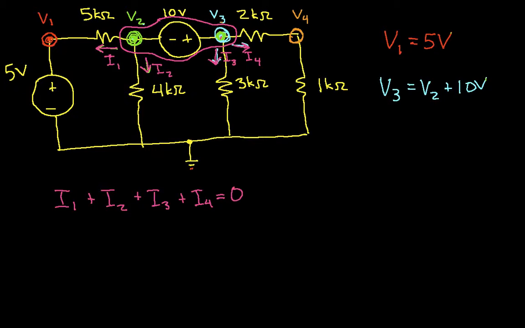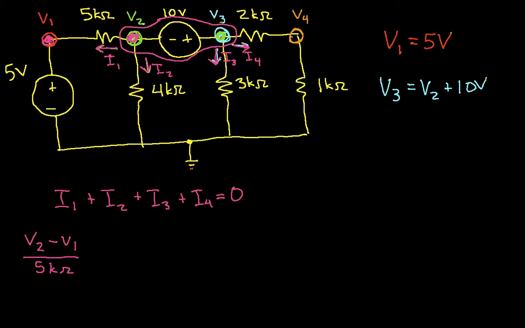Now I1 we can get in terms of voltages that we've defined. I1 is going to be V2 minus V1 over 5 k ohms. Okay, it's the voltage at this node minus the voltage at this node.